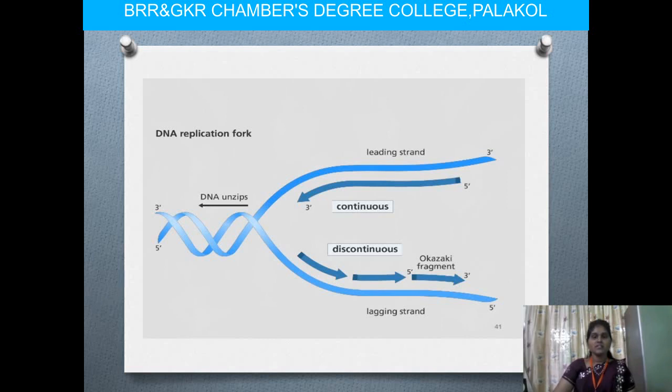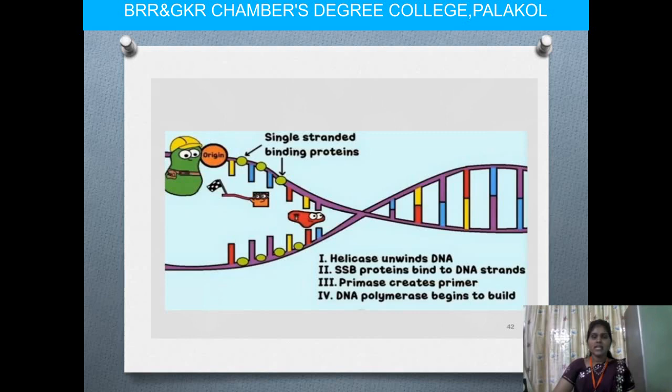These have discontinuous primers. The single-stranded binding protein is attached to the DNA. So helicase, SSB proteins, primers and DNA polymerase are the different substances used in this initiation process.